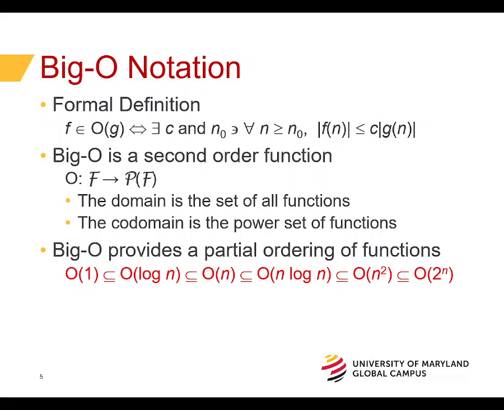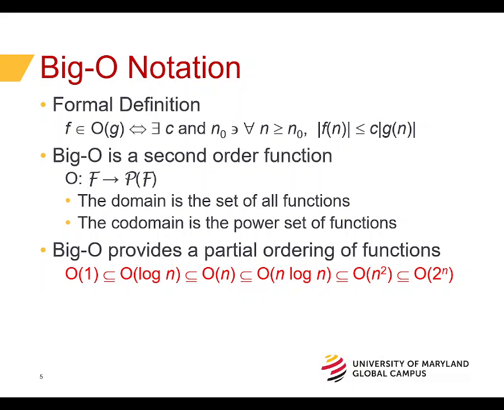So the order is as follows. O of 1, constant functions, grow the slowest because they don't grow at all. Algorithms with constant behavior are the best. O of log n is next. It grows, but so slowly it is almost constant. The binary search is an example of such an algorithm.